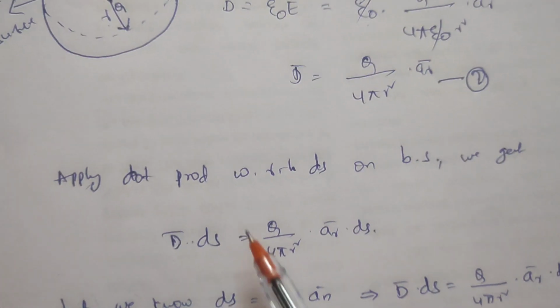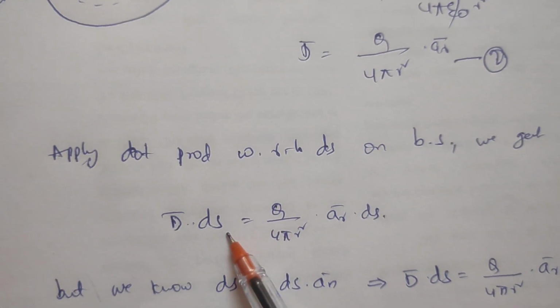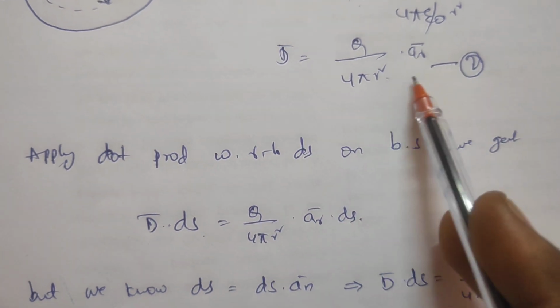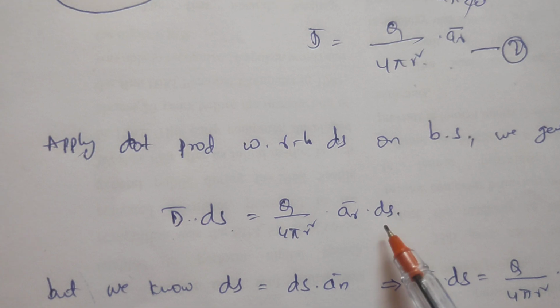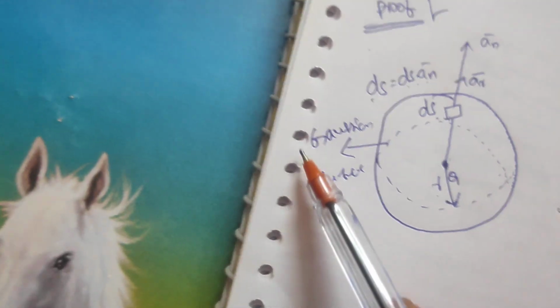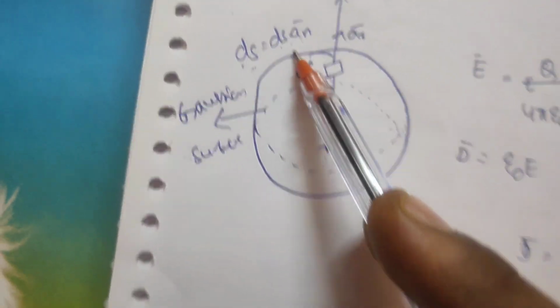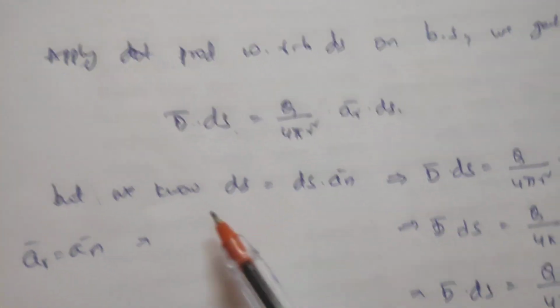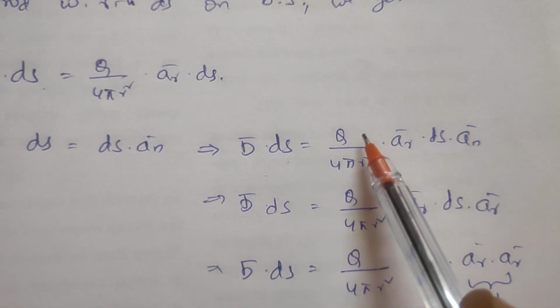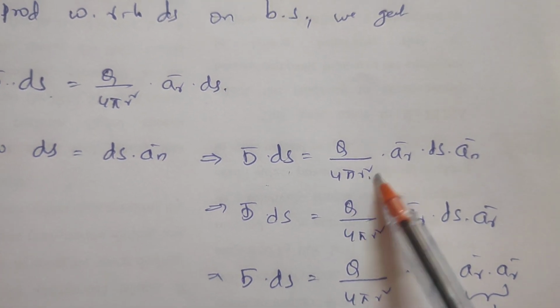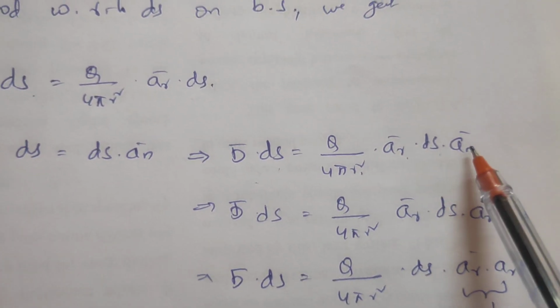Okay, so here I am applying a dot product with respect to ds on both sides. Therefore D dot ds should be equal to q by 4 pi r square into ar into ds. But here we know this ds is nothing but ds into an. Simply write that ds here. So you will get D dot ds is equal to q by 4 pi r square into ar into ds into an.